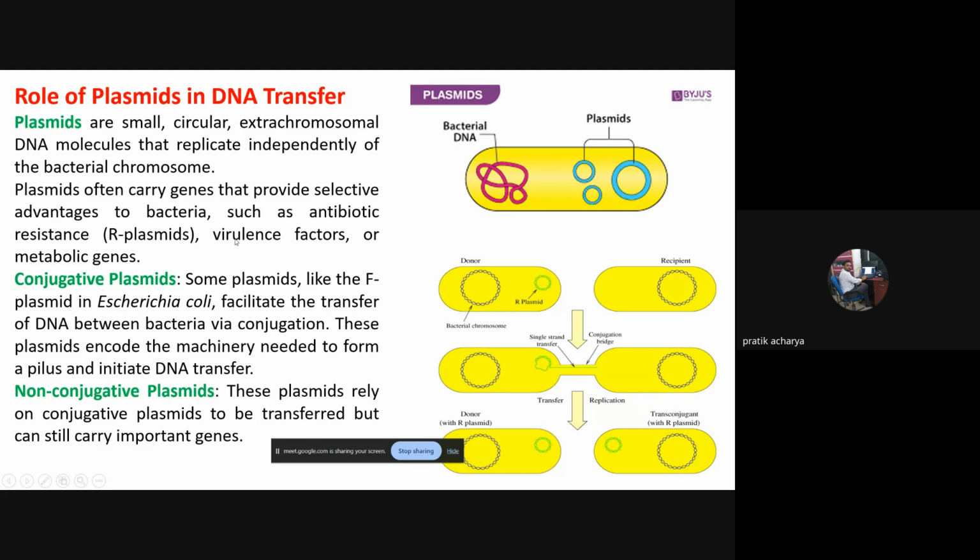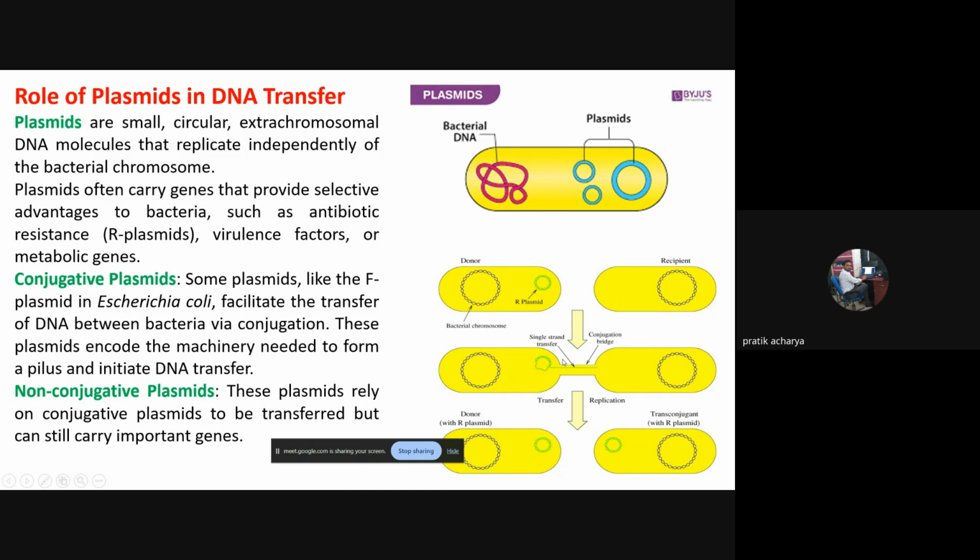Okay. So here the antibiotic resistance plasmid example is for you. Here the R plasmid, that means the plasmid contains the genetic material which develops antibiotic resistance in bacteria, which is considered as the donor. The recipient, they become dead because they do not have the antibiotic resistance factor.